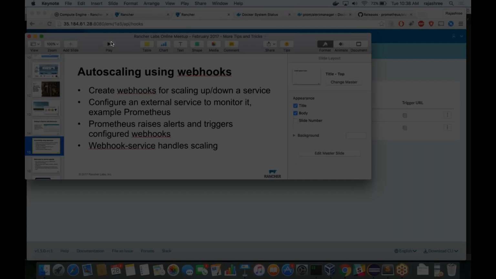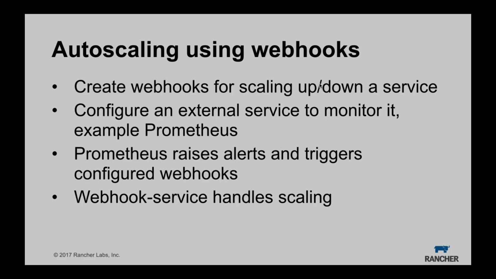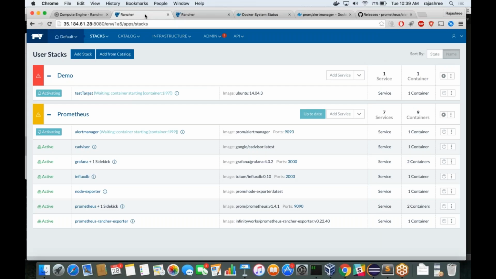So going back to the slides, now the webhook that we just created can be used for auto scaling of services. But for that, we'll have to use some external service in order to monitor our target services. For the purpose of this demo, I'm using Prometheus, and I have launched Prometheus from the community catalog.